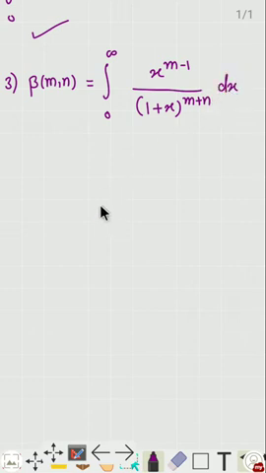Okay, so can we prove this property of the beta function by using the definition? So let us try to prove this property and write down the proof.